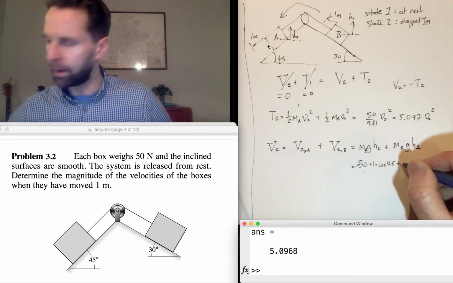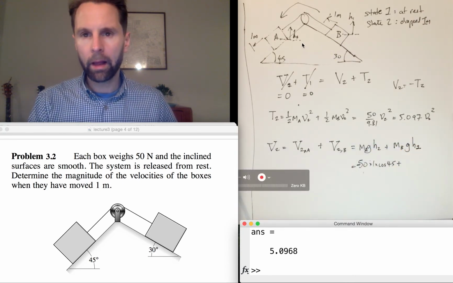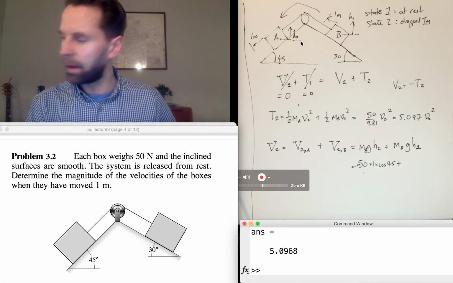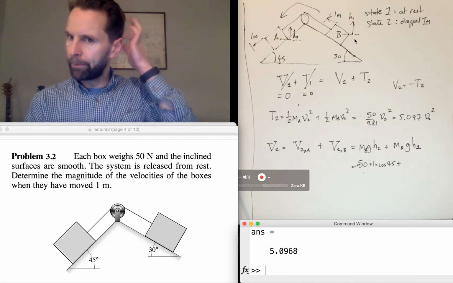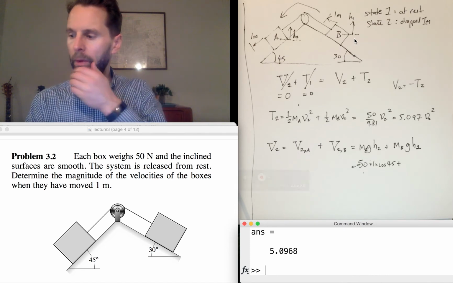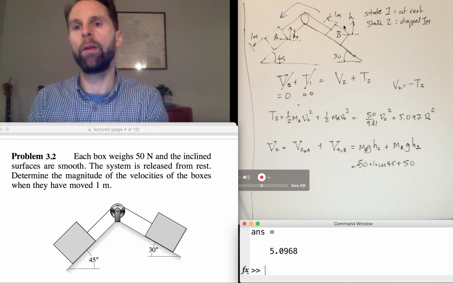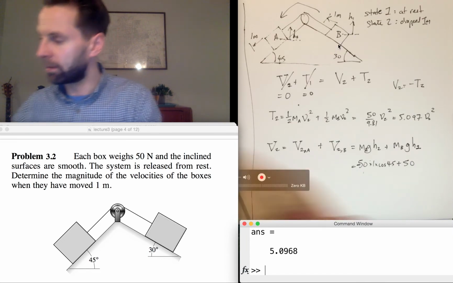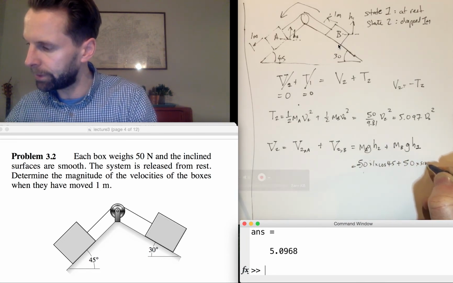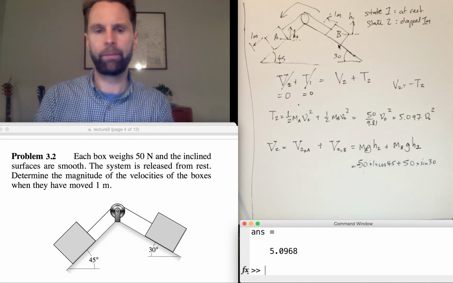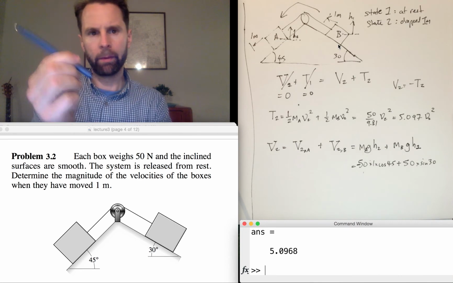Now we're doing this one. So mB times g is 50 again. h1 is 1, and this time it's sine 30. So it's 1 times sine 30. It's gone 1 meter along the slope, that way.